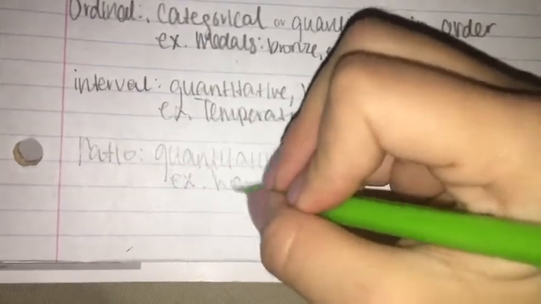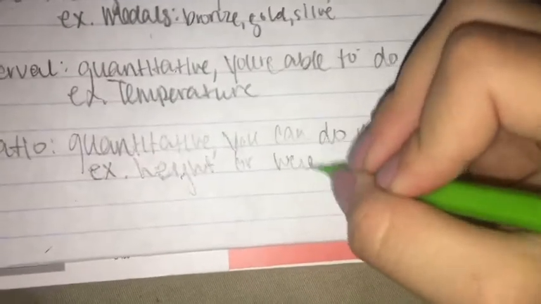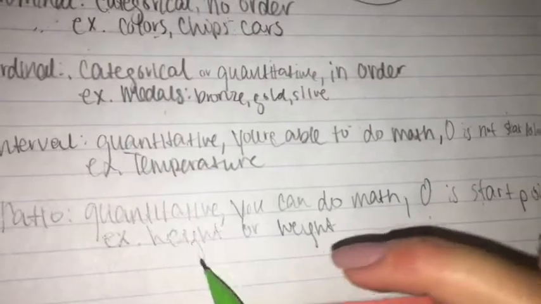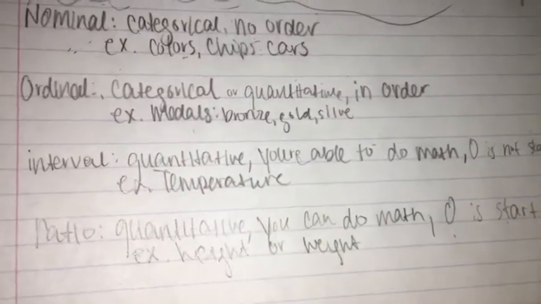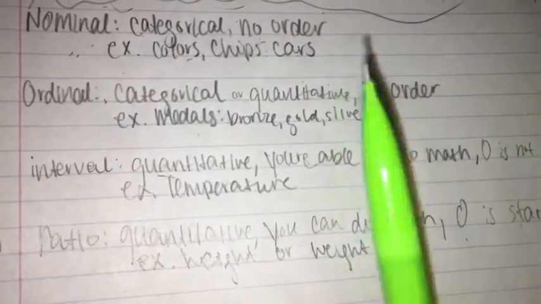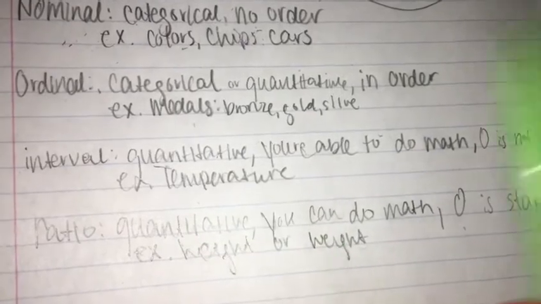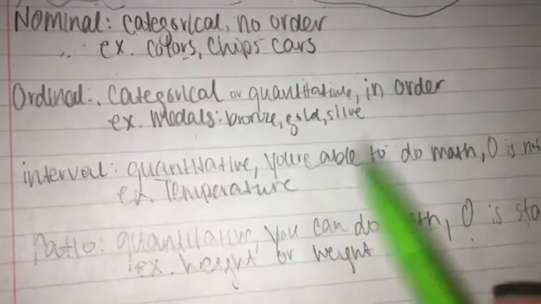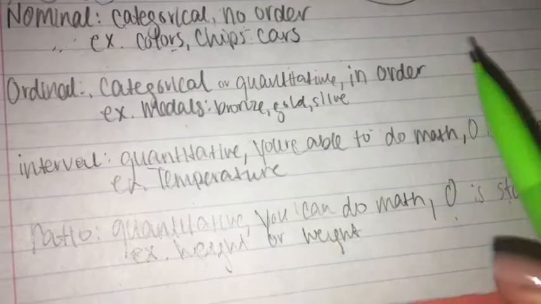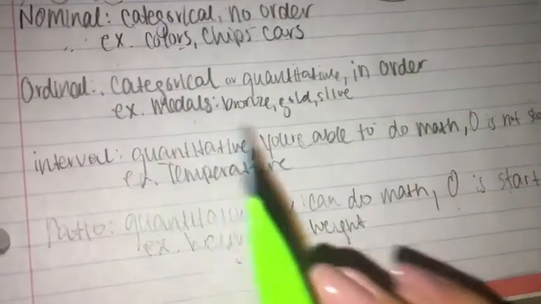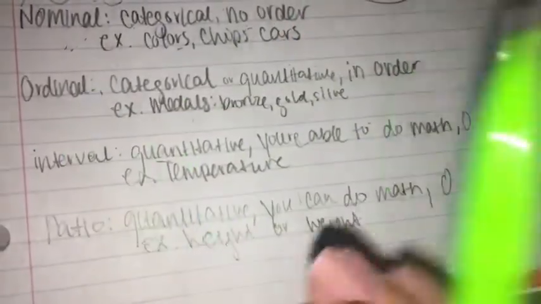I would say that height or weight are good examples of this because you can see how 0 is a starting point. No one can be -5 feet tall because height starts at 0. Same for weight. Weight also starts at 0. You can't be negative pounds. You can only be 0 or above. Either it has weight or it doesn't, because it starts at 0.